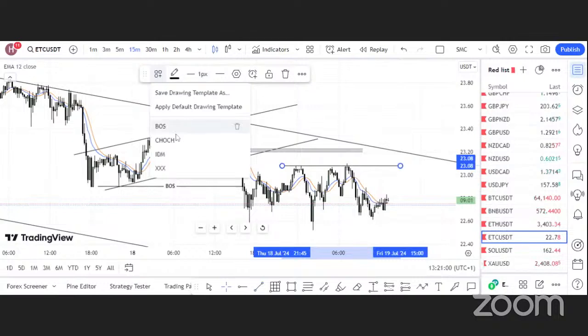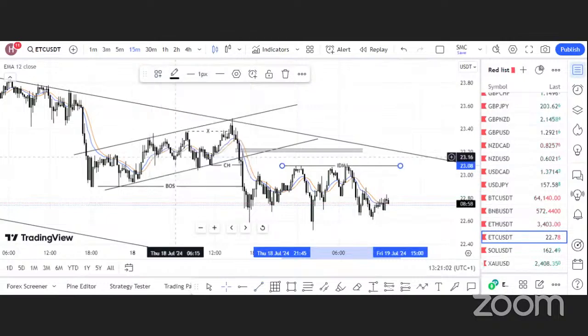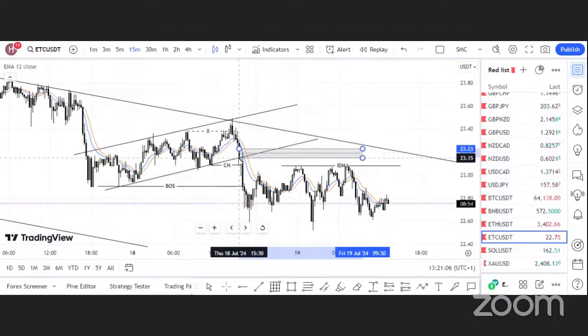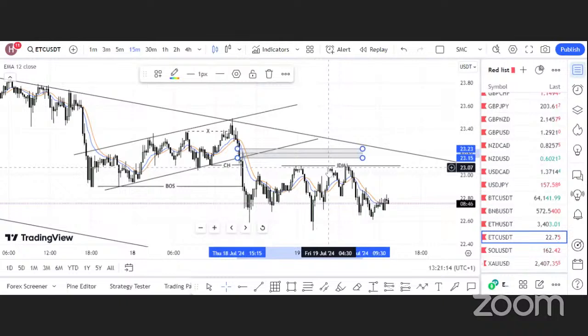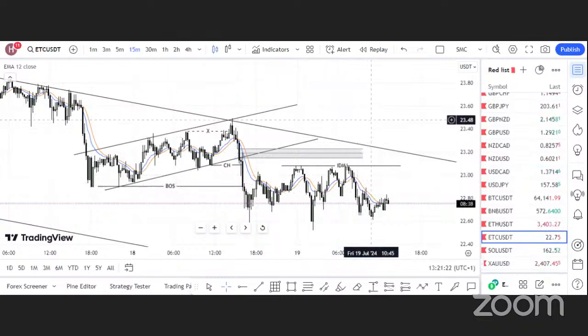So this is an inducement. And then this level had previously been taken out. So aside this level, do we have any other level here? I don't think we have any. We don't have any. Okay, we don't have any level.